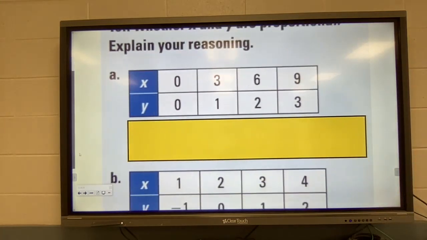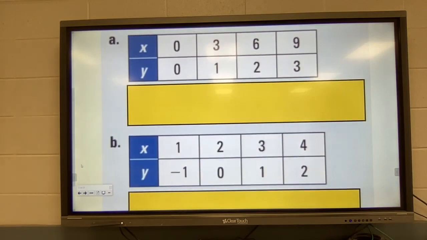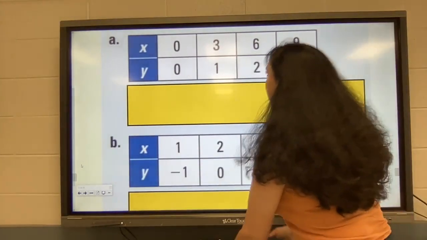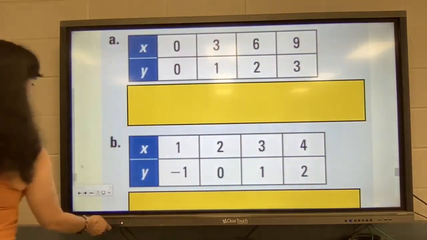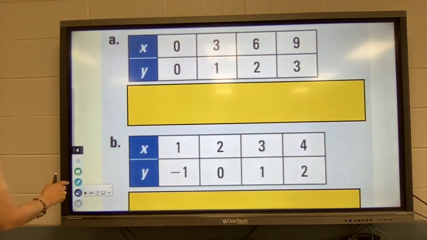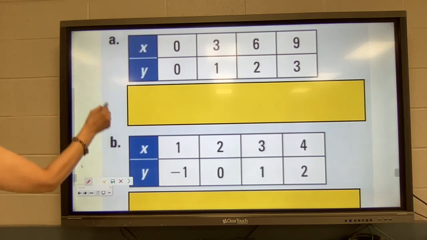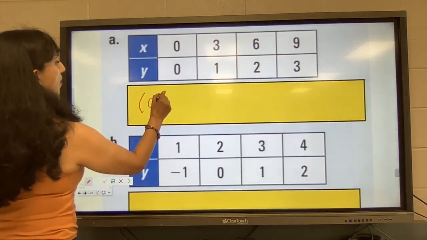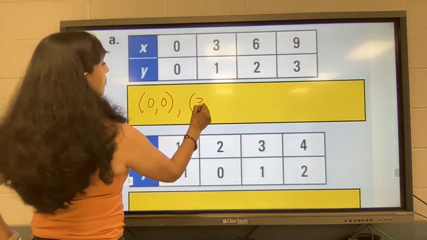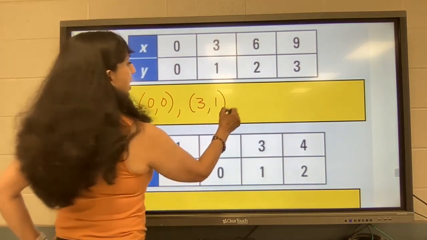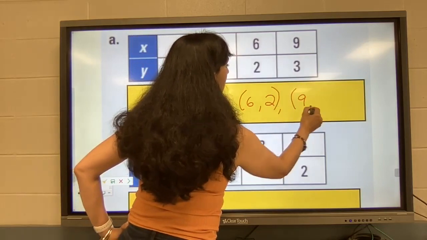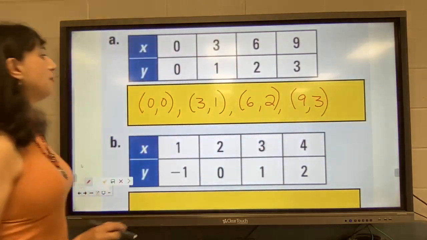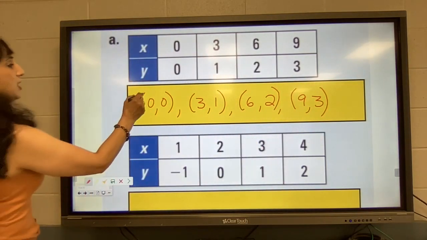When I look at the first ordered pair, what do I have? I have 0, 0. I have 3, 1. I have 6, 2, and I have 9, 3. These are my ordered pairs. So I know this is the origin.